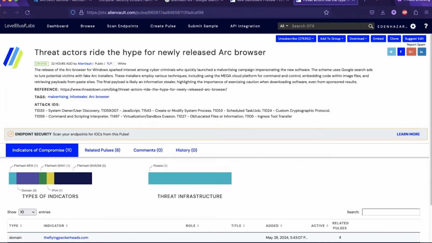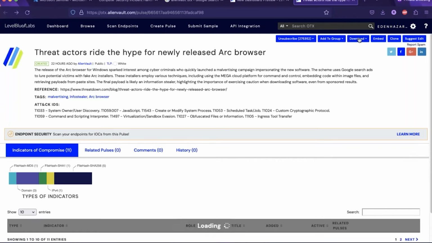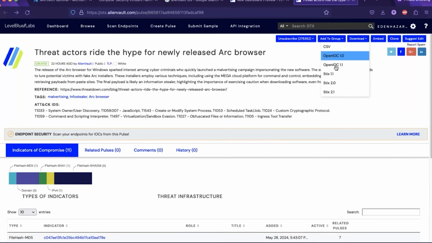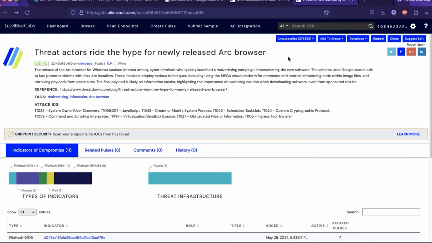If you only want to download a particular related pulse, you will have options to download in STIX format, OpenIOC format, or CSV format. You will have those options on this particular page itself, right?